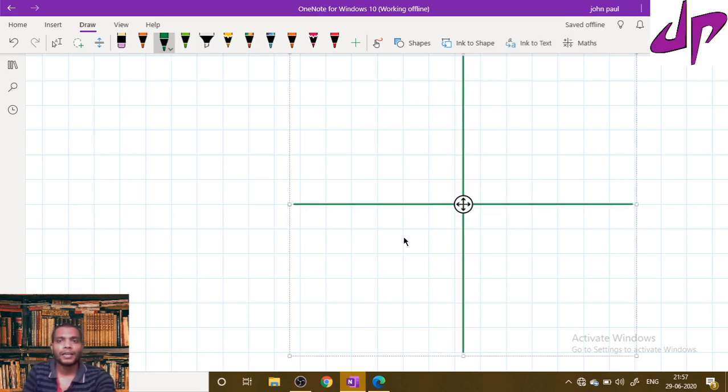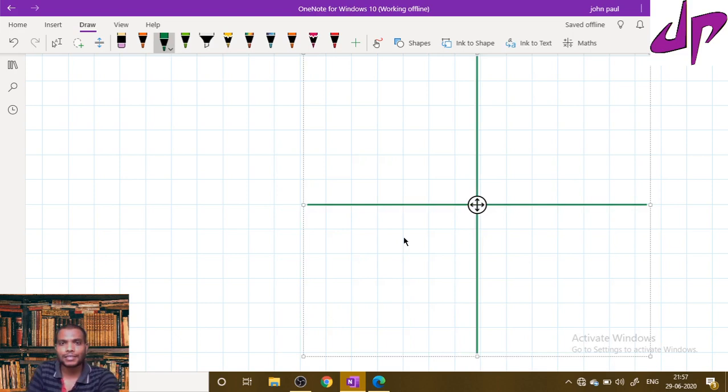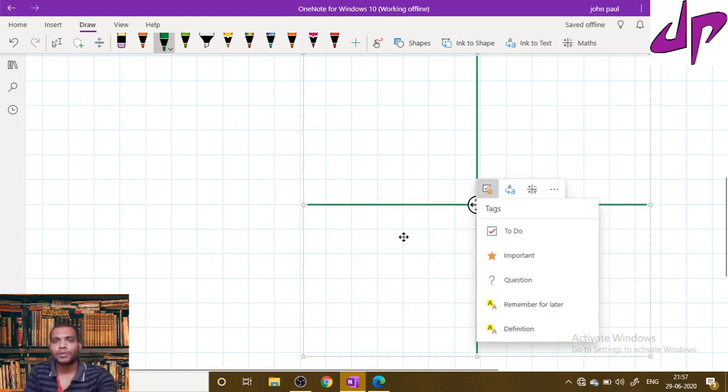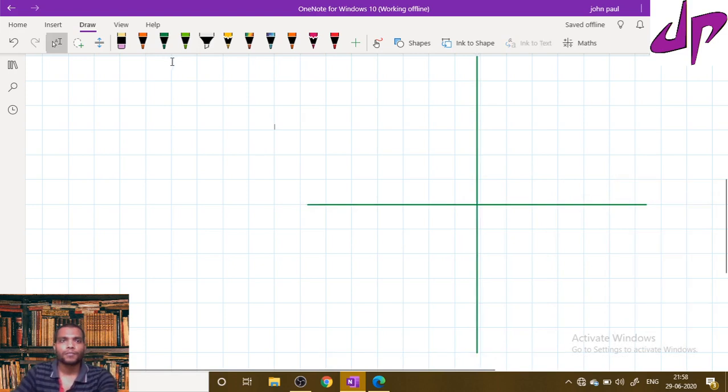Let us name the axes. This we will take as the positive x-axis, and this we will represent as the negative x-axis, and here the positive y-axis, and here the negative y-axis, and this point we will take as the origin, 0.